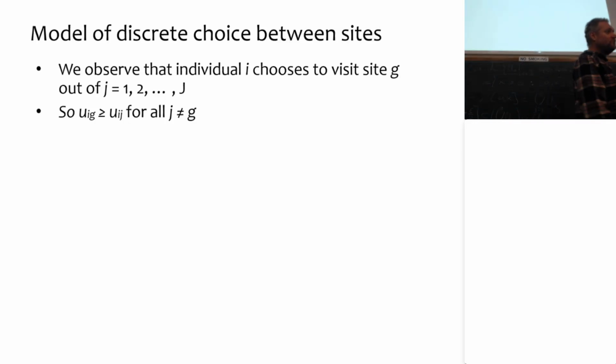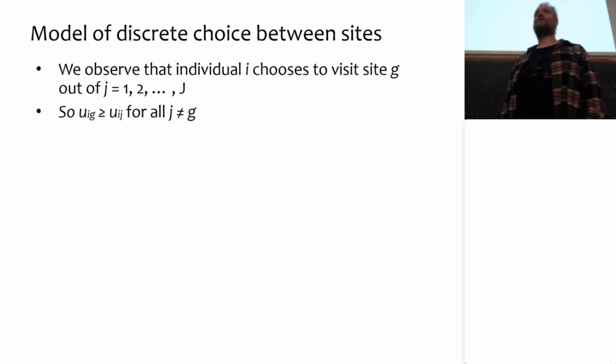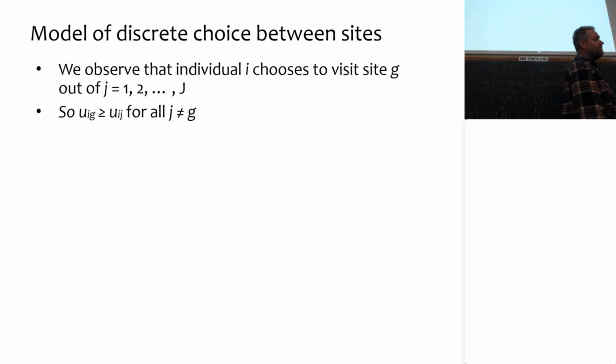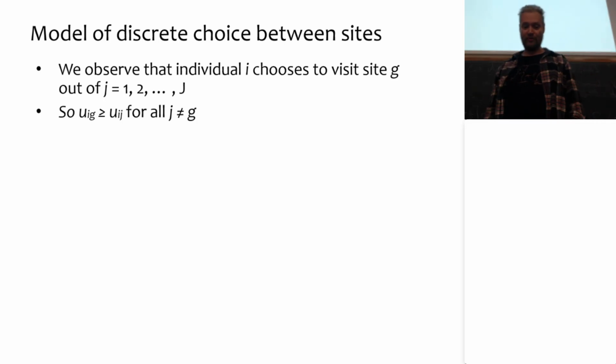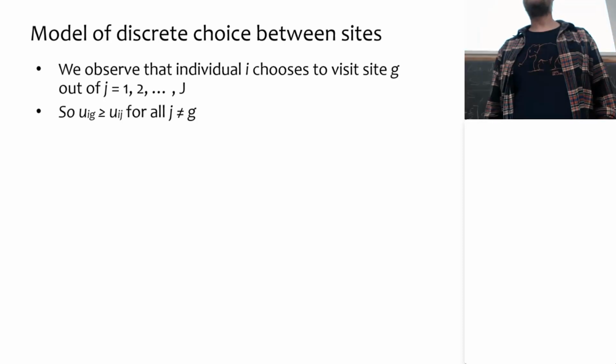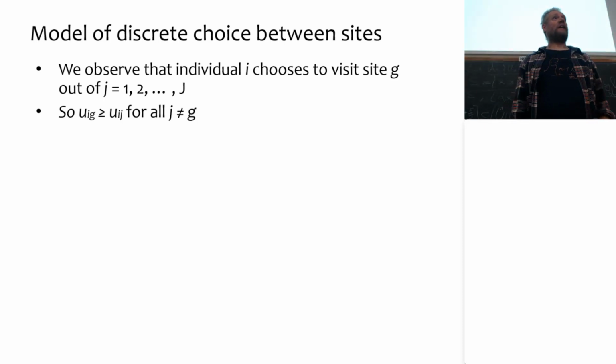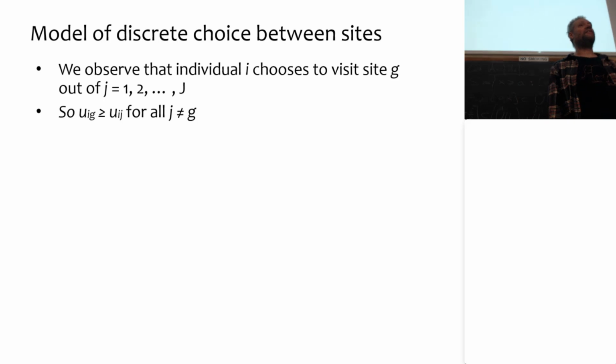So essentially what you do is, rather than looking at one particular site, you look at travel to multiple sites. What you know is that a particular individual you observe chooses to go to site G, and by implication did not go to sites 1, 2, 3, all the way up to J, where J is not G. They did not go to all the other sites.